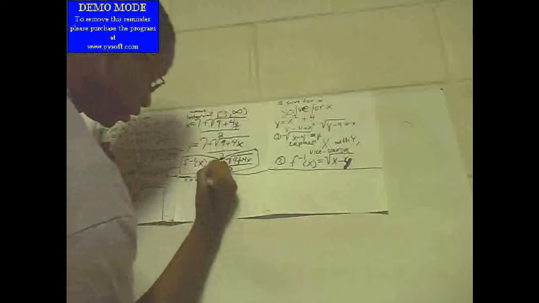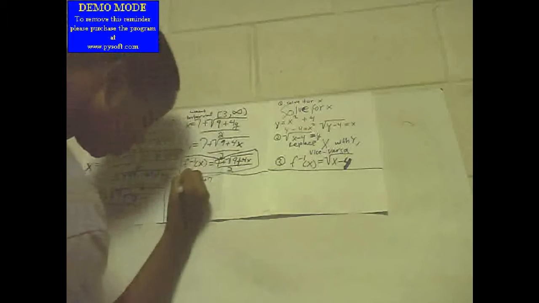Okay, so example 2. We have y equals x cubed plus 7. Our first step, solve for x. So 0 equals x cubed plus 7 minus y.